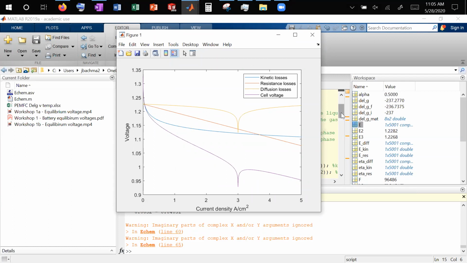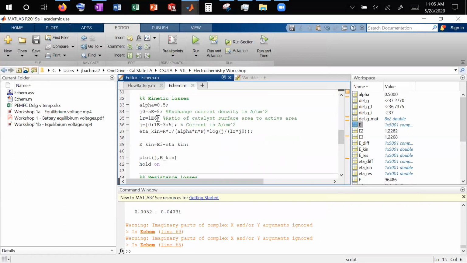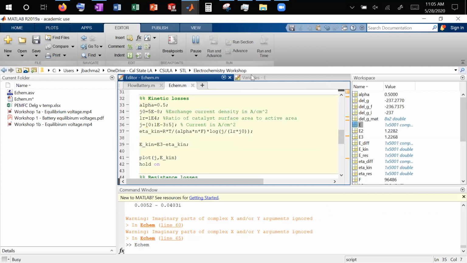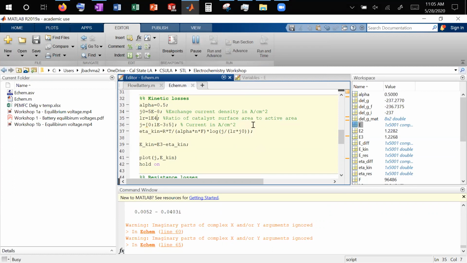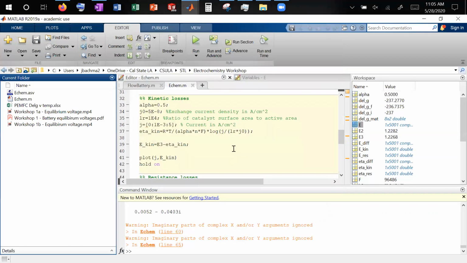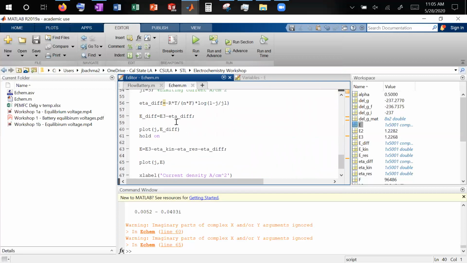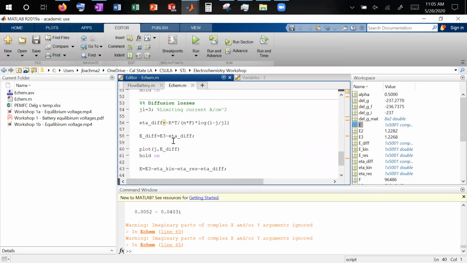Our kinetic losses probably aren't as high as they should be. This should probably be -4 or something. I thought we were operating at room temperature last time. And I think there's one issue with our diffusion: E diffusion minus RT.